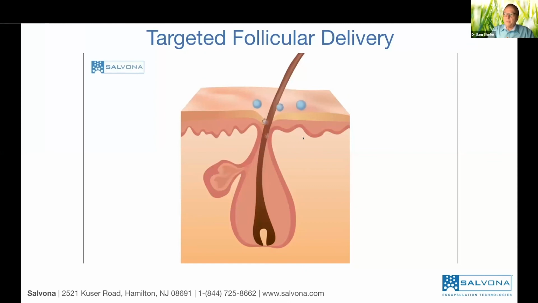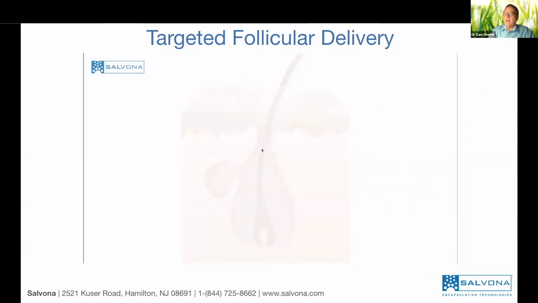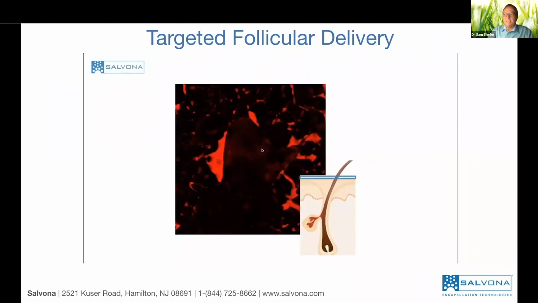There is a space between the skin and the hair, small but fine enough for the particles to penetrate. Then they get into the area where the sebum is, and the sebum is oil. The particles are oil. The sebum will eventually dissolve them, and now the material can be accessible to the rest of the skin.